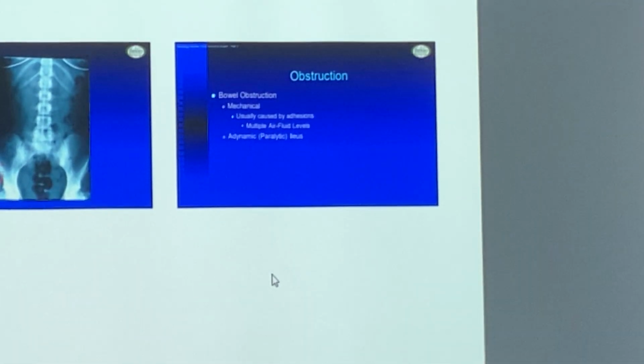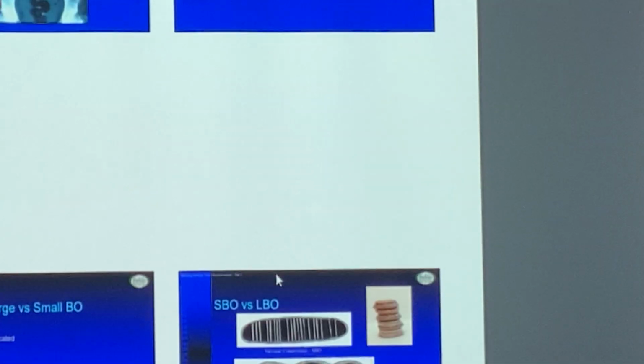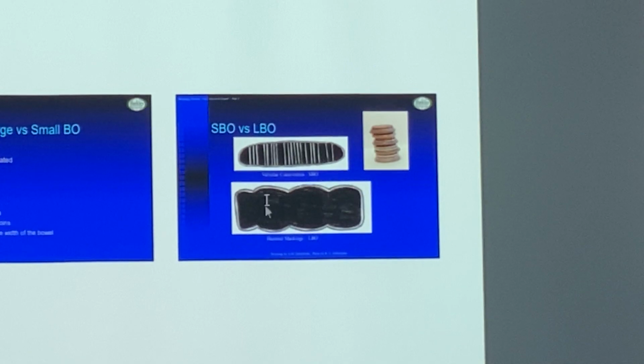Ladder pattern. What else? The pearls, like if you're counting a rosary, remember? That. But it's also mid-level versus the large bowel obstruction, which is peripheral, and you see the haustra, right? Exactly what it says there. So that's described there, and here too.